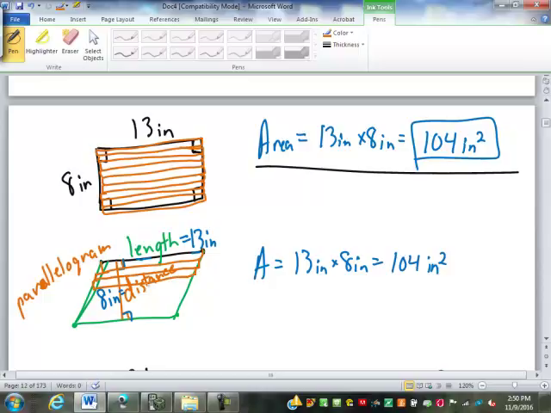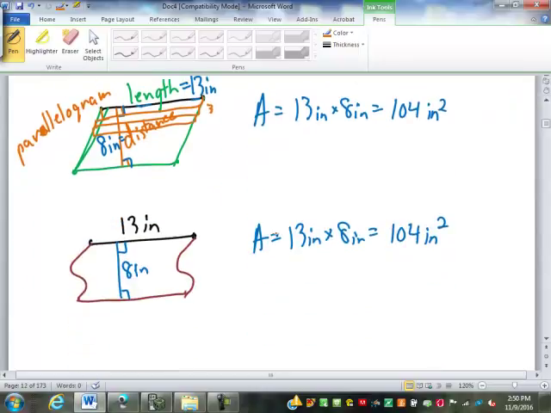Is it going to take any more rectangles or less rectangles to stack up to that same height? No, the width of each individual one is still the same here. So it still takes the same number of them to stack up. So the area of all those little rectangles stays the same. Even for this one, the number of little rectangles it takes is still going to be the same amount.